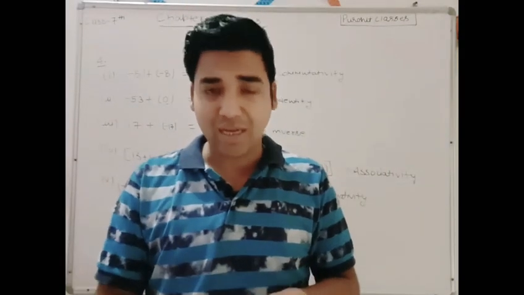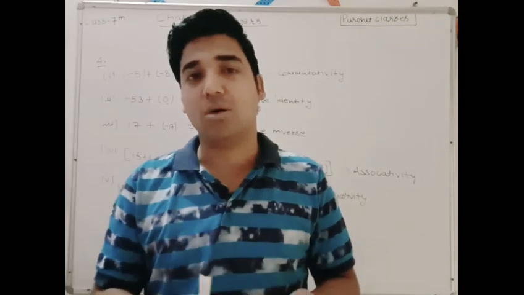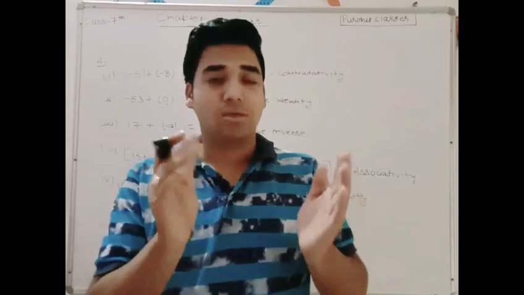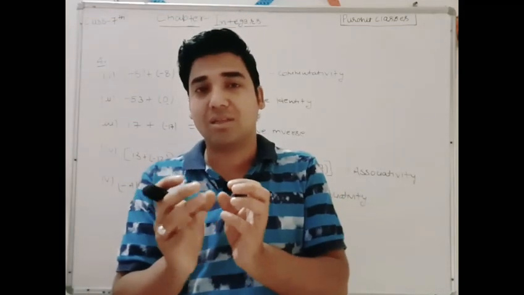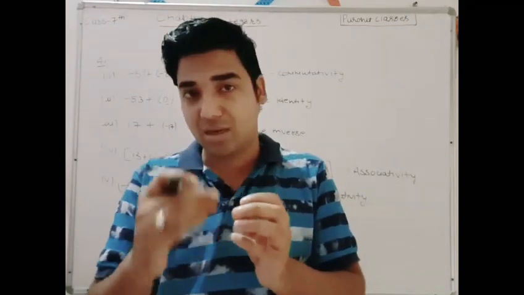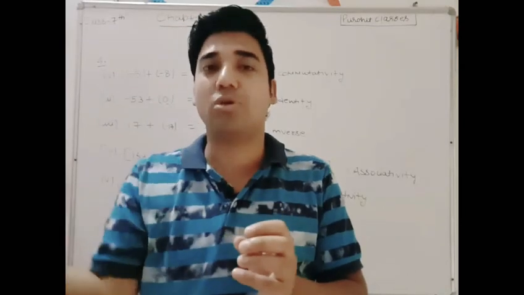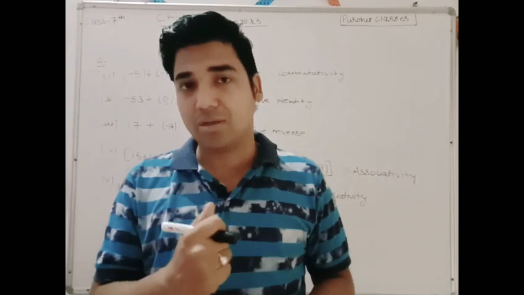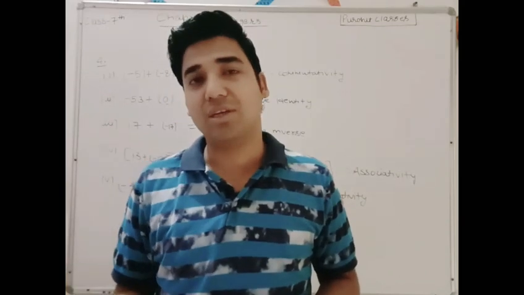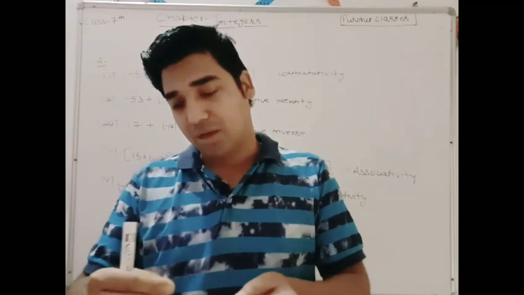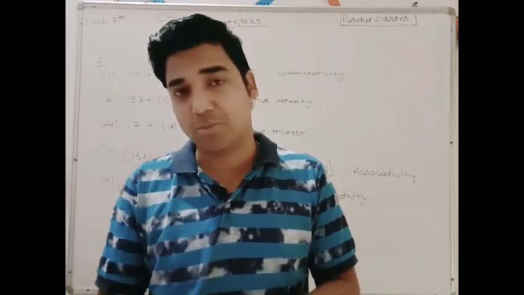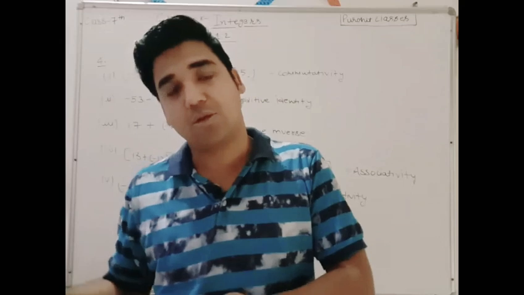For that I will use the same law which I am telling you continuously: if the signs are similar then the result will always be positive and unlike always negative. So just remember this law, and in the next videos we will be practicing multiplication, meaning product, and division, and then we will solve the next exercise.